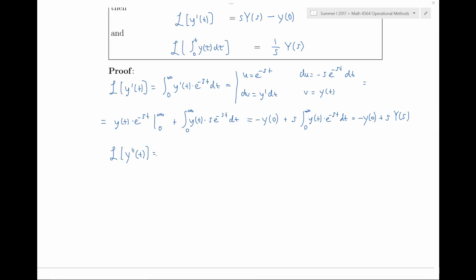I can now use the formula I just derived to derive a new formula for the second derivative, because the second derivative is the derivative of the derivative, and therefore, by the formula I just derived, it's going to be minus y prime of 0 plus s multiplied by the Laplace transform of the derivative.